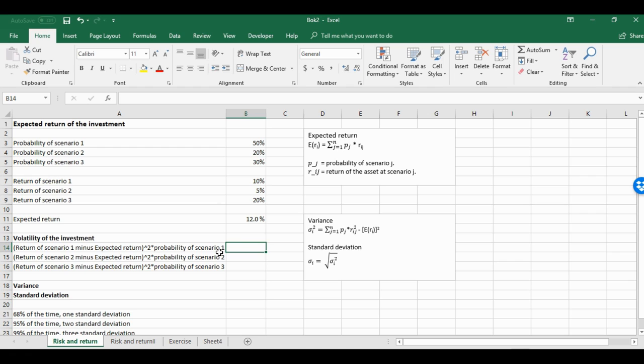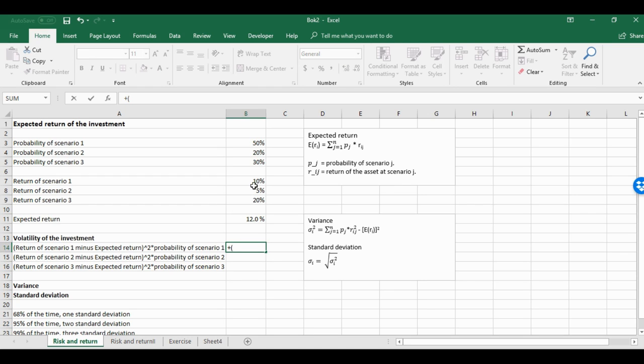Variance is calculated by adding together the squared value of the spread between the return of each scenario and the expected return, multiplied by the probability of each scenario. It's better to see the calculation in practice.